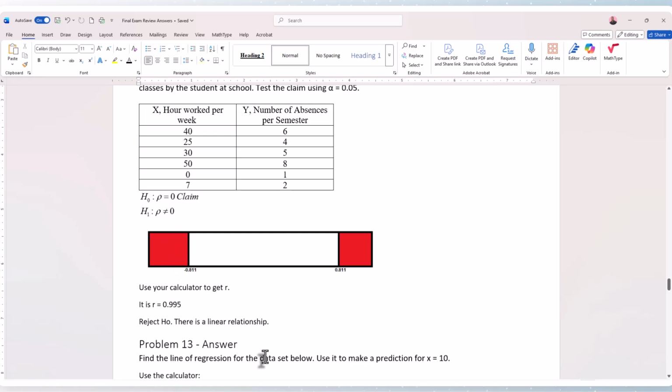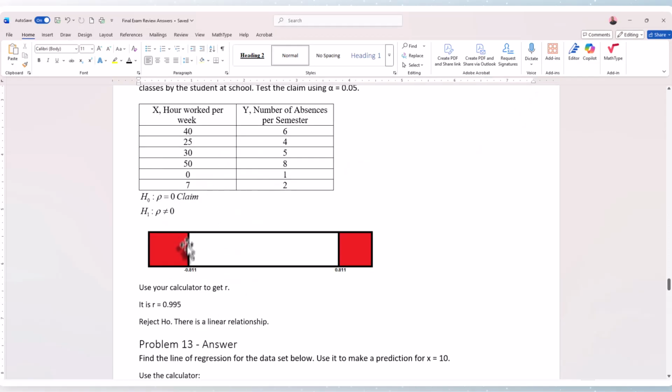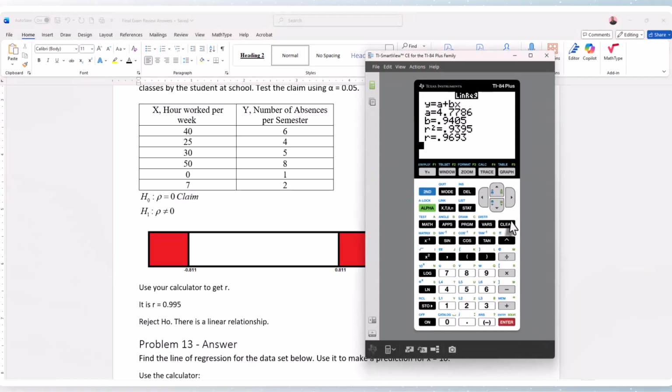We have to find the critical value. We have 6 pairs, so 6 minus 2 is 4. Alpha is 0.05, we go down to 4, 0.811. So we have negative 0.811, positive 0.811. To calculate R, let's use the calculator. We press Stat Edit. We clear the old data.